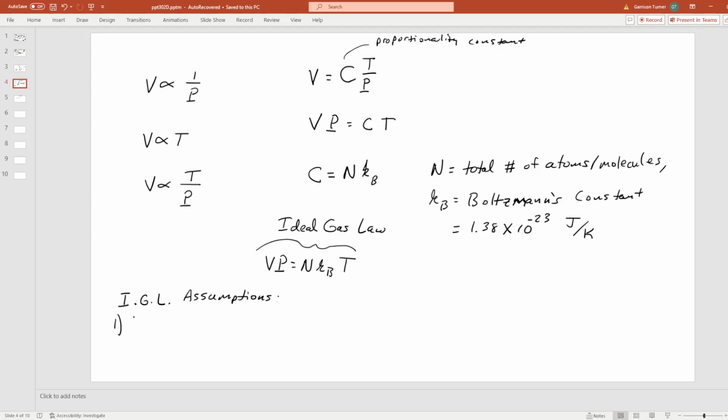Number one, your gas is fairly rarefied or non-dense. And number two, your gas is at high temperature.